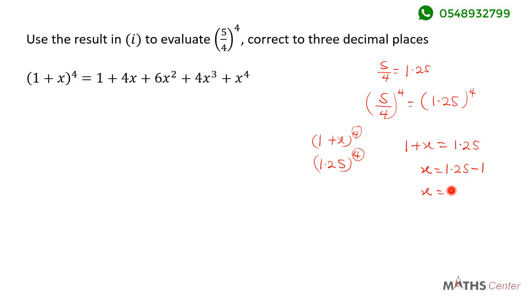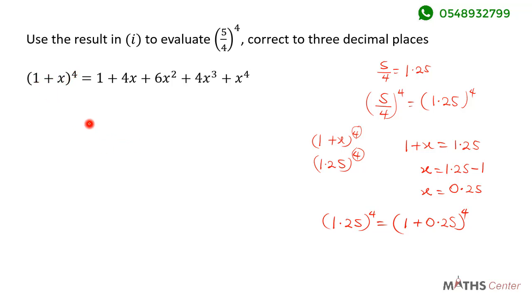And so x will be equal to 0.25. This means that 1.25 exponent 4 can be written as 1 plus 0.25 exponent 4.